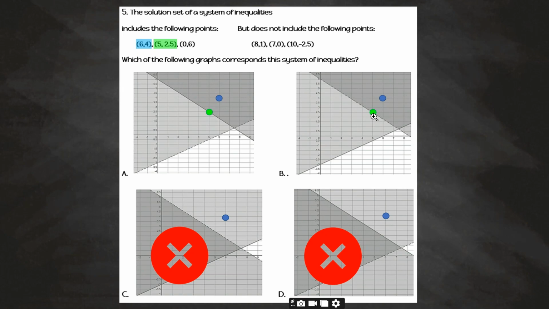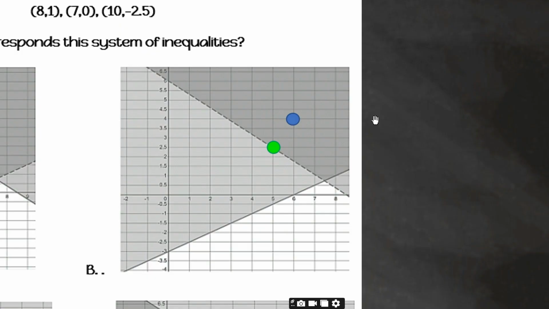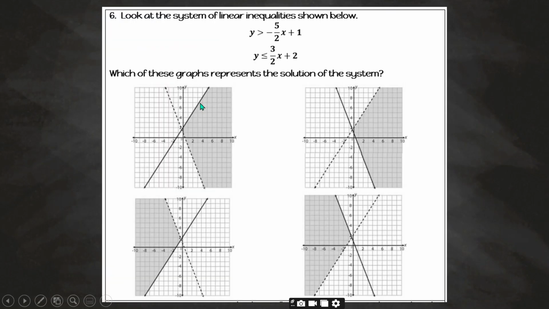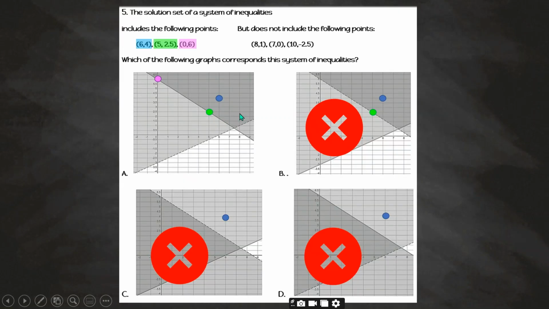Whenever a point falls on a dashed line, it is not a possible solution because it has to be on a solid line or well within the dark region. So because that point falls on a dashed line, it makes it not true. Again, we're going to look at this last point, 0, 6. 0, 6 falls on the solid line again. So that confirms that my correct answer is option A, or graph A.